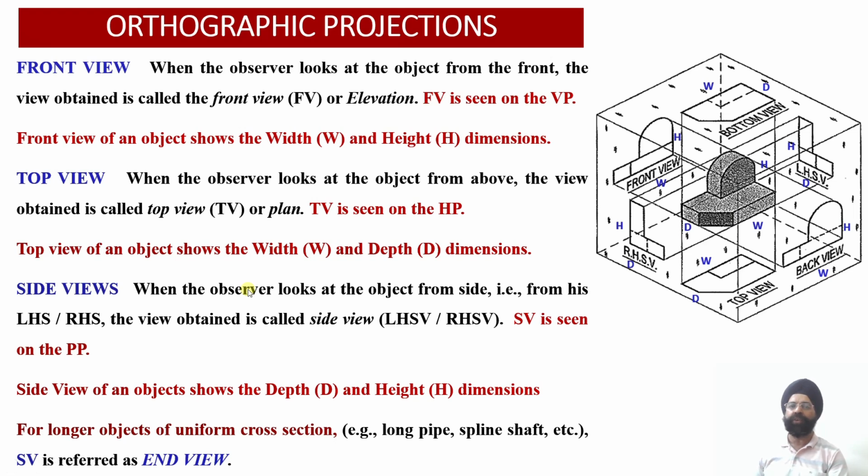For a uniform tube light, the end view will be a circular cross section. There is no change in geometry. But for a normal component there will be changes in cross sections, so you cannot call this an end view. Only for uniform objects having longer lengths can the side view be called an end view.